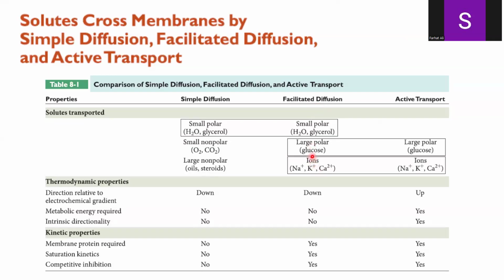Larger molecules, including sugars or other polar molecules like ions, can be transported by facilitated diffusion down the concentration gradient.